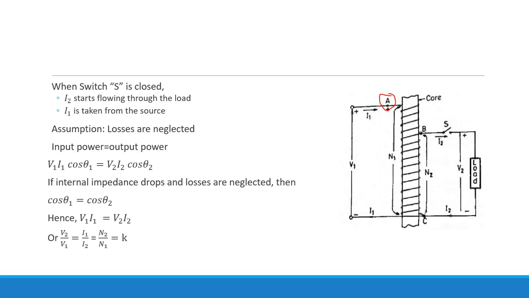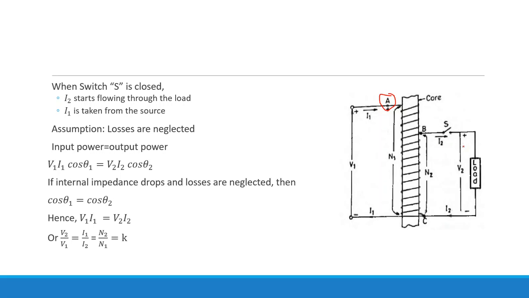The winding from B to C is called the secondary winding, having N2 turns. The applied voltage is V1, and at the output side we get the voltage V2. A load is connected once the switch is closed.